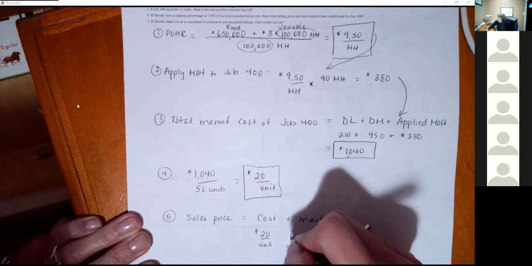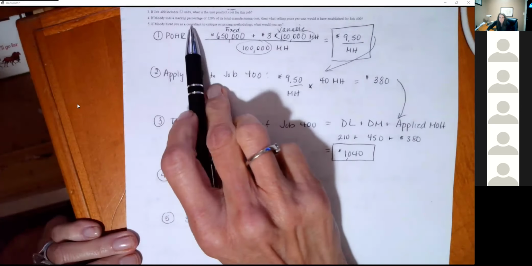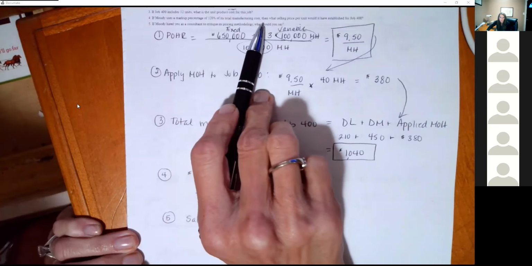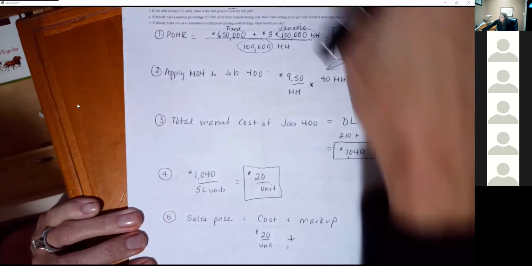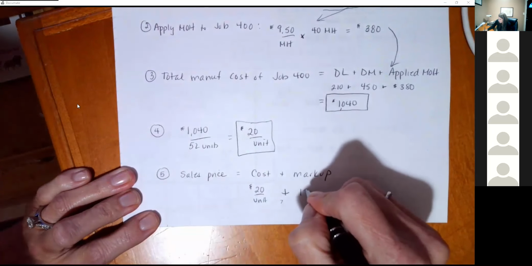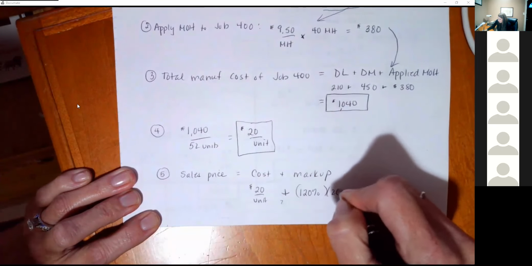And then we need to mark it up, so we get some sort of profit. And they're saying that our markup percentage is 120% of its total manufacturing cost. So the markup is 120% times $20 per unit.